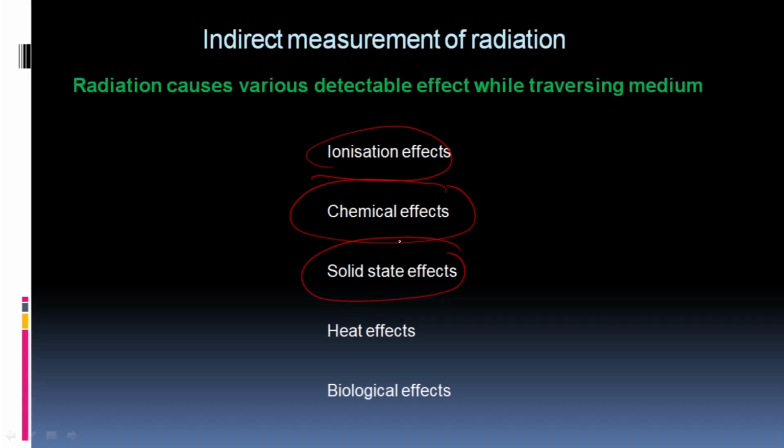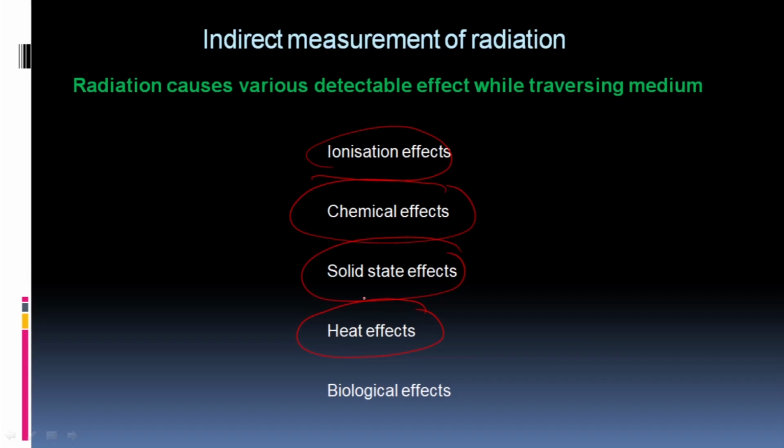Now, if we have such an accurate type of thermometer, we can measure the increment of temperature, and indirectly we measure the ionizing radiation, and this is the heat effect. And last is biological effect.